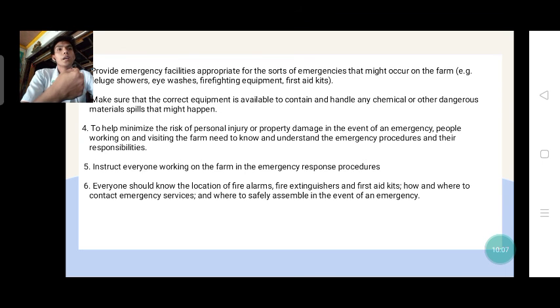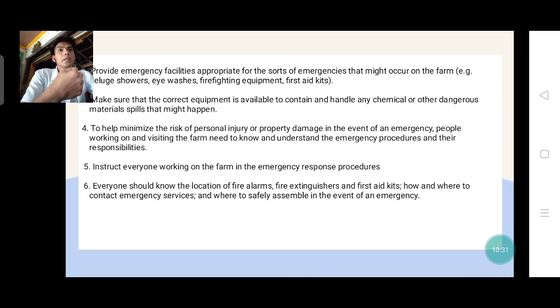Number 4 is to help minimize the risk of personal injury or property damage in the event of emergency. People working on and visiting the farm need to know and understand the emergency procedures and their responsibilities also.